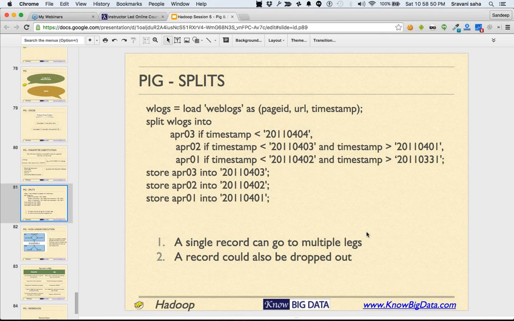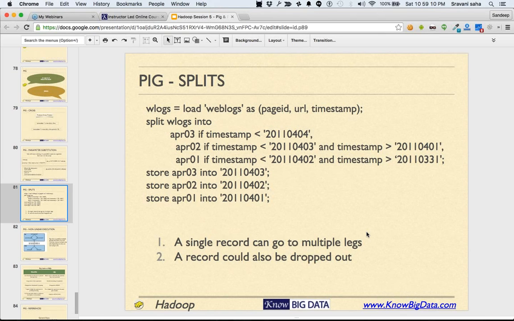Then there is another split for which you want to run separate processing, which is between 31st March and 2nd April. So this log could be split into multiple data sets in this fashion.